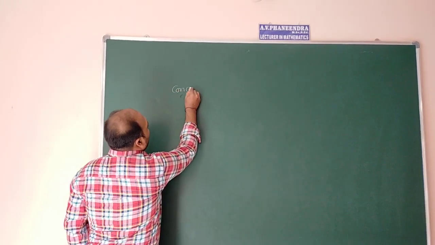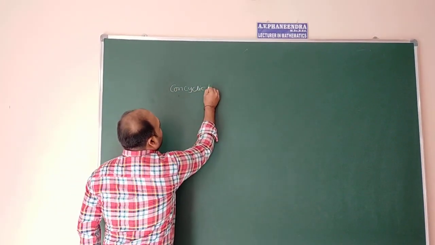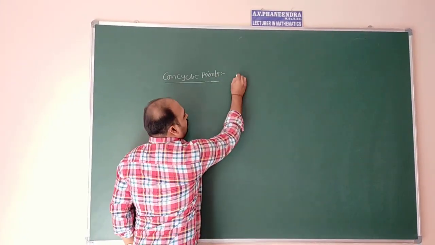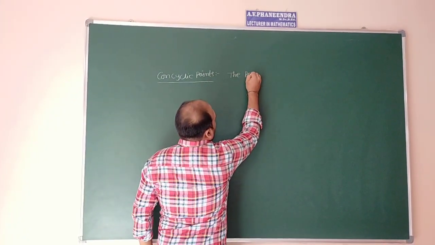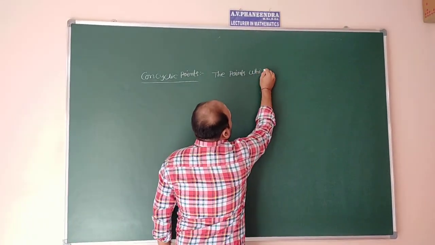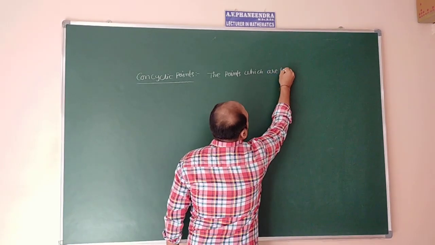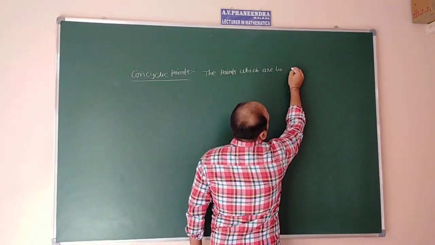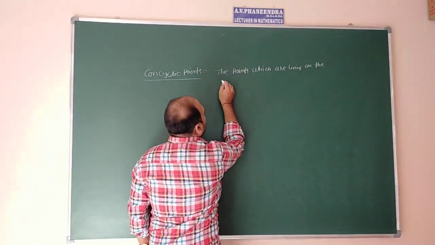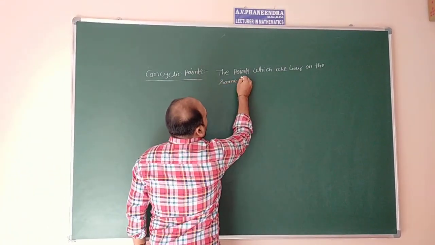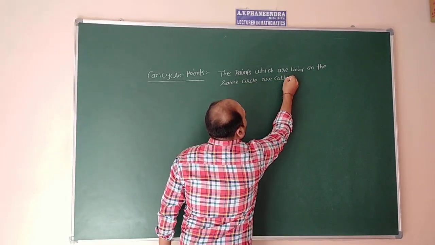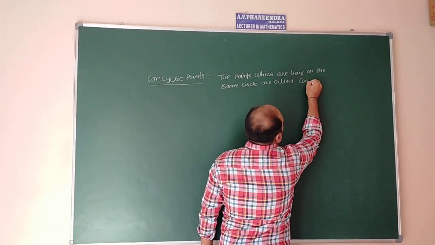Concyclic points. The points which are lying on the same circle are called concyclic points.